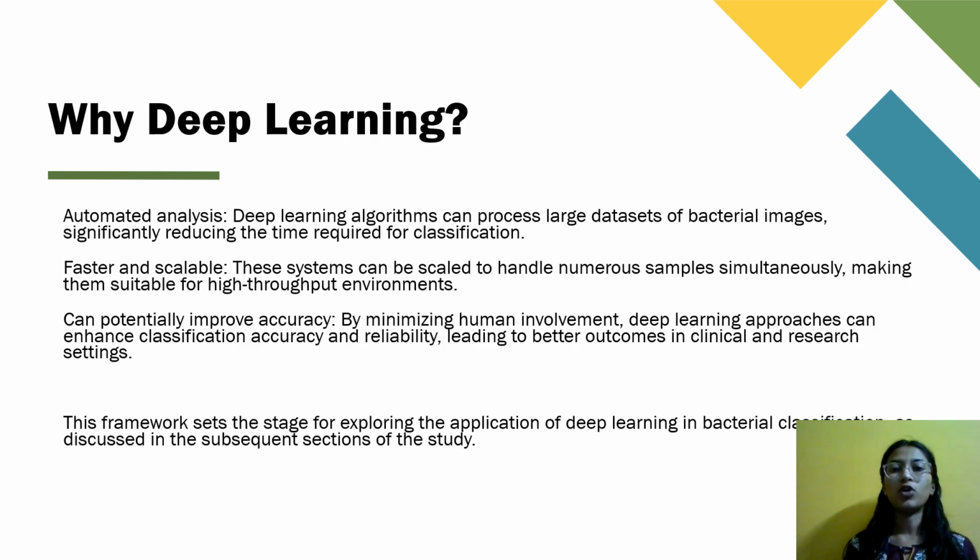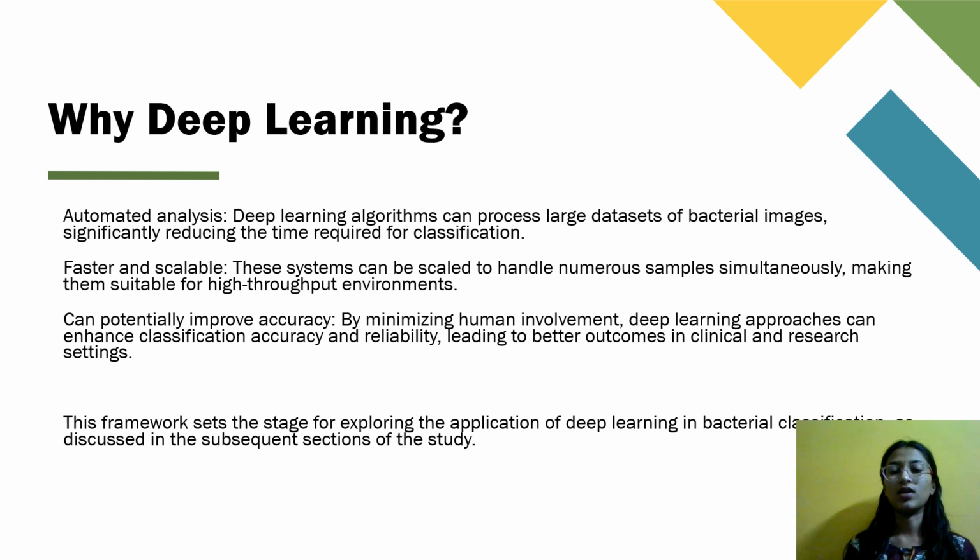In order to overcome those problems, we are implementing a technique called deep learning, which is automated analysis. Deep learning algorithms can process large datasets of bacterial images, significantly reducing the time required for classification, and it is also faster and scalable.